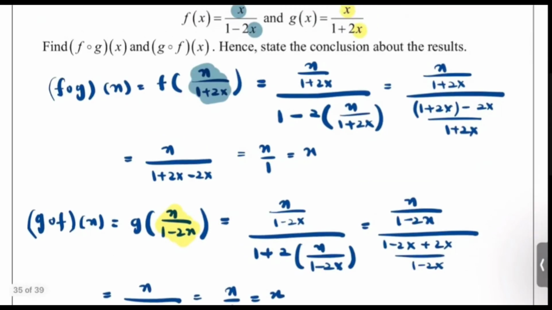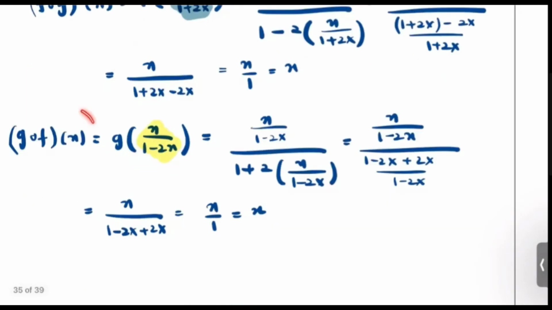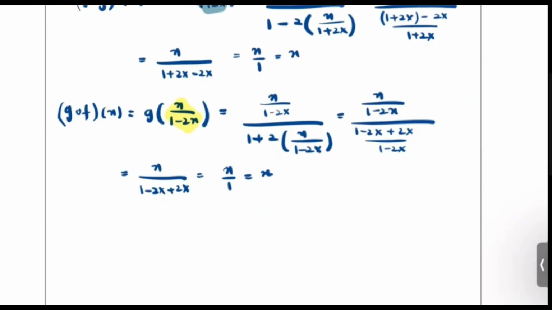Okay, then it says state the conclusion about the result. So we say fg(x) must equal x. gf(x) is also equal to x. So what does that mean? fg(x) equals gf(x) equals x means that f and g are inverse of each other. So we have to write the conclusion here.